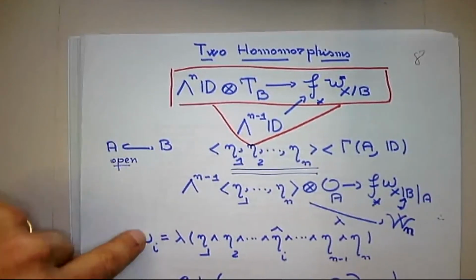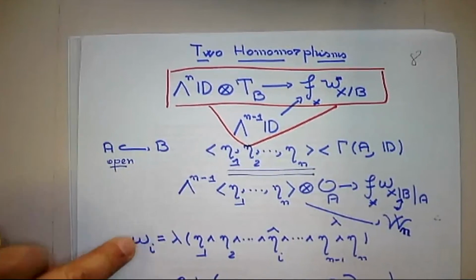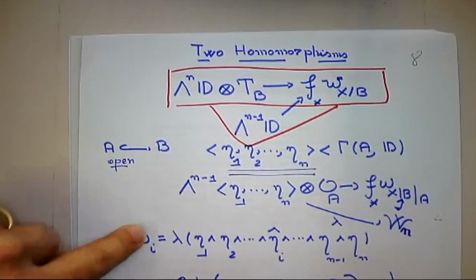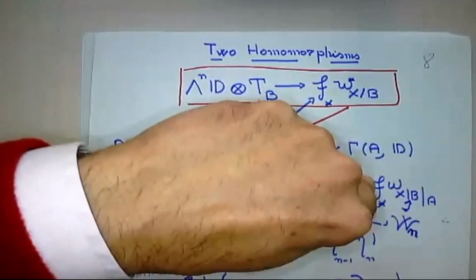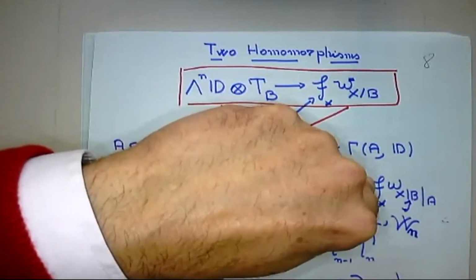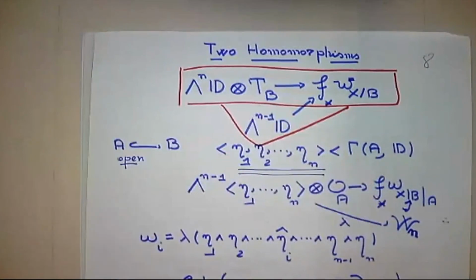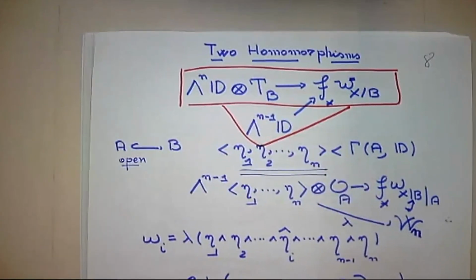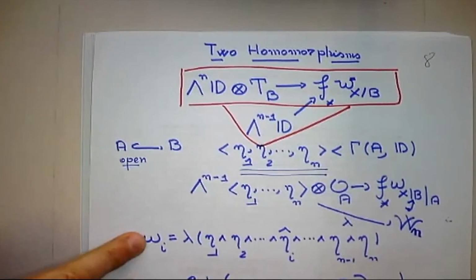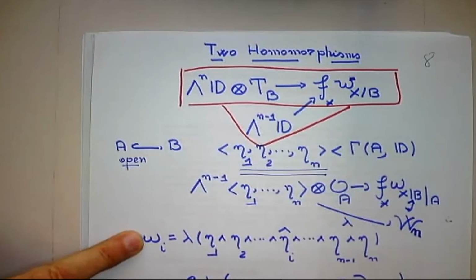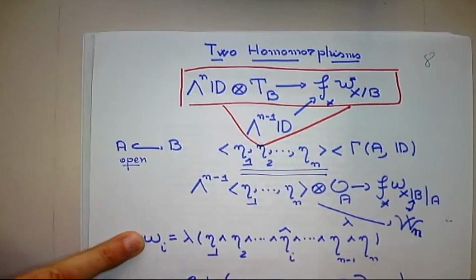You can construct global forms, omega I, which are of this sheaf. But you can do the other contraction. So you can take your volume forms, you do the recontractions, and you obtain again something that on each fiber is an n-1 form, but coming from a volume form.